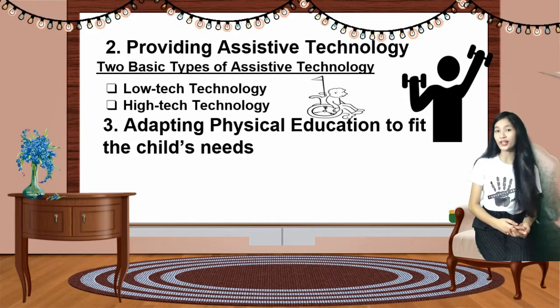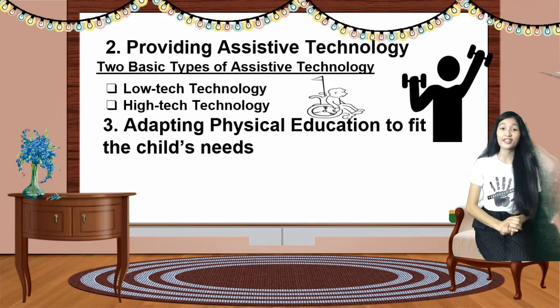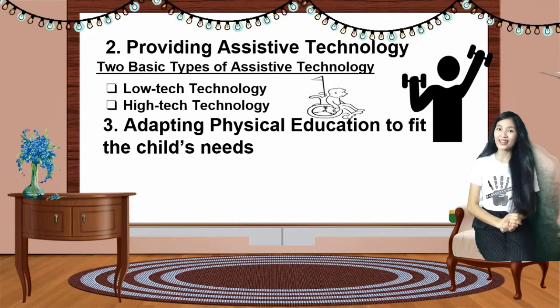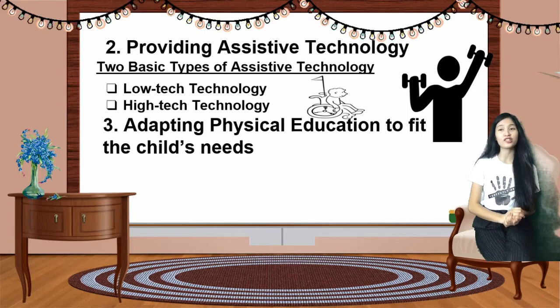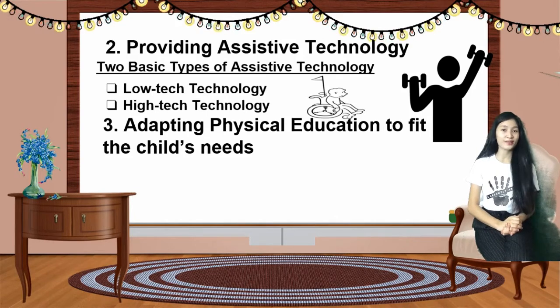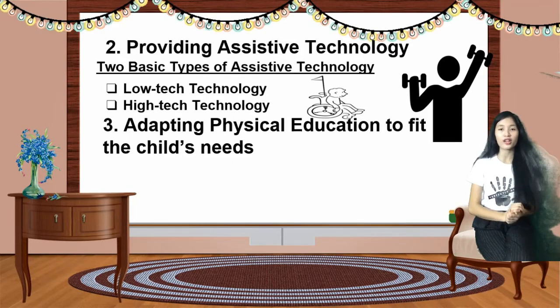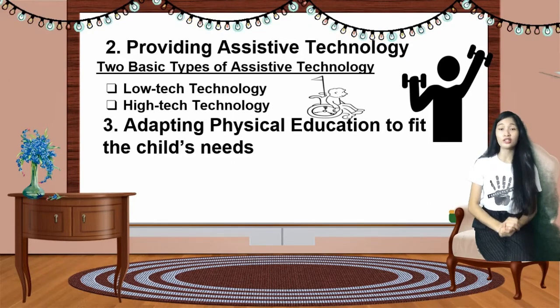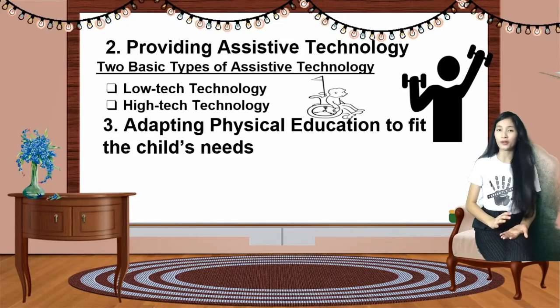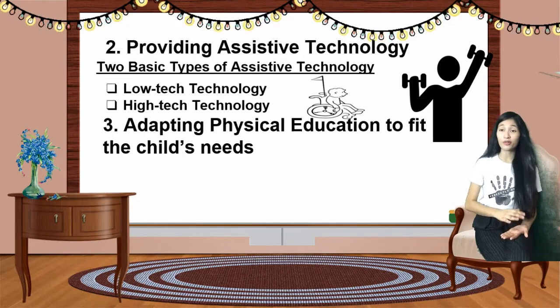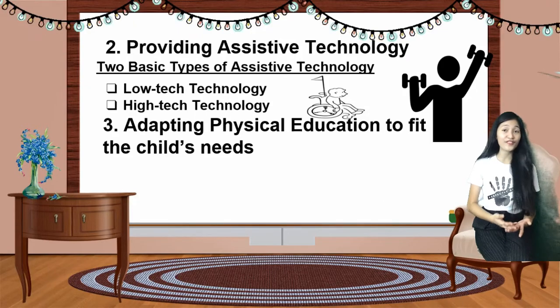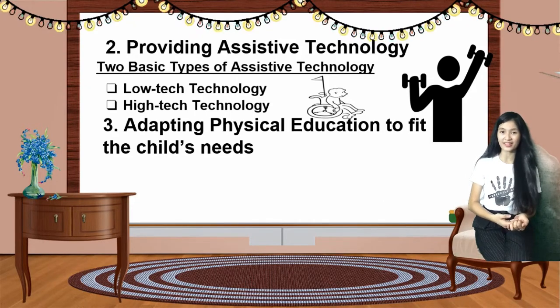Adaptive physical education instructors receive special training to plan and implement physical education instruction for children with disabilities. So, it is important to consult the adaptive physical education instructor, if available, utilize their recommendations, and adapt physical activities for a child with orthopedic impairments.